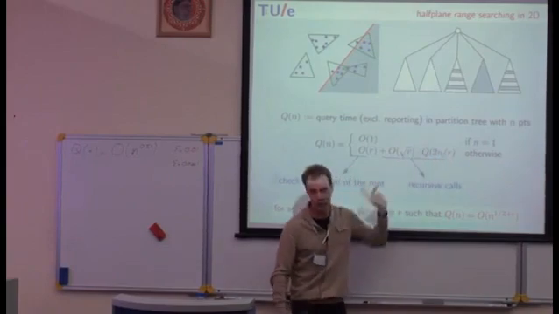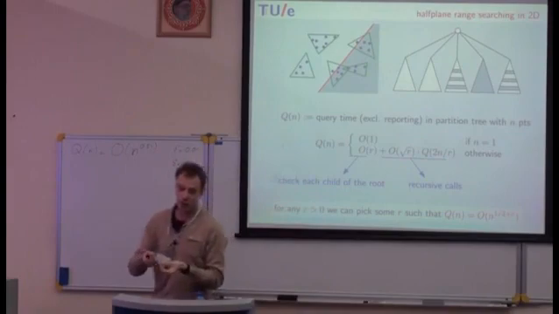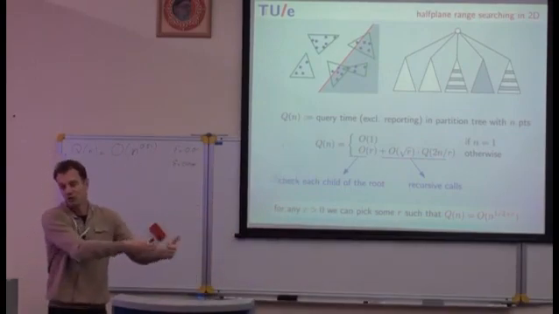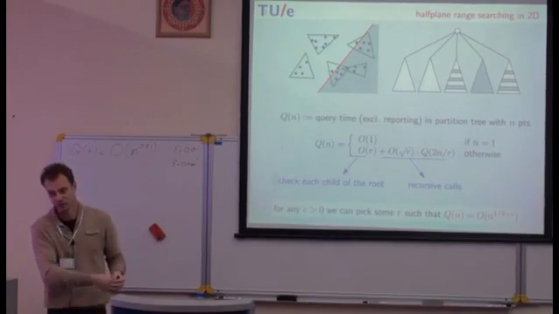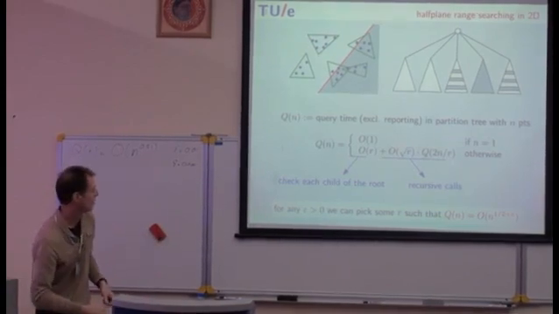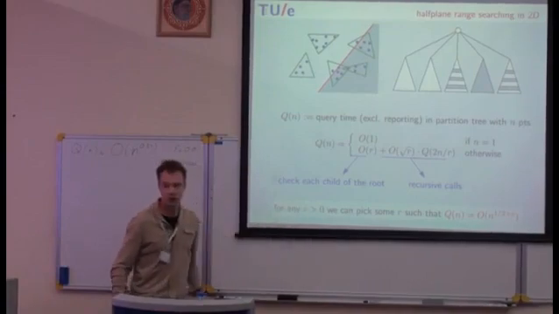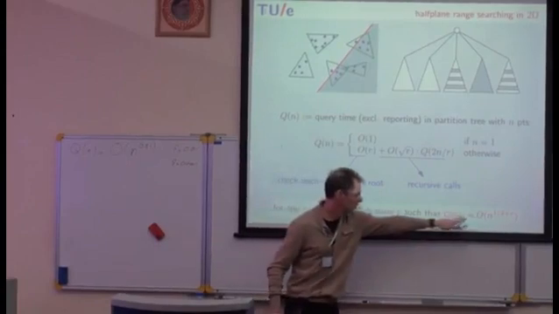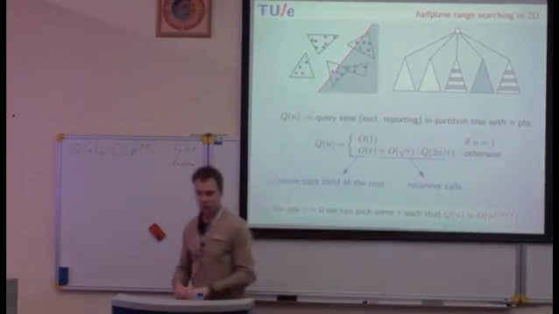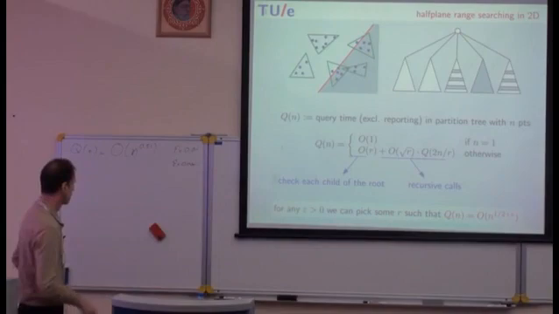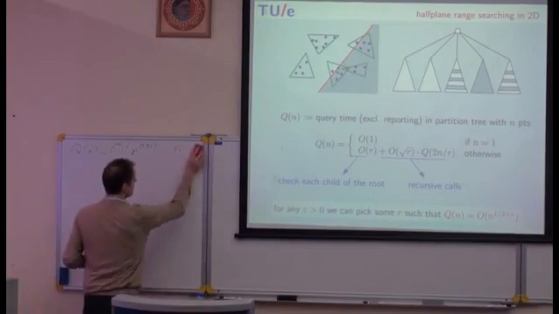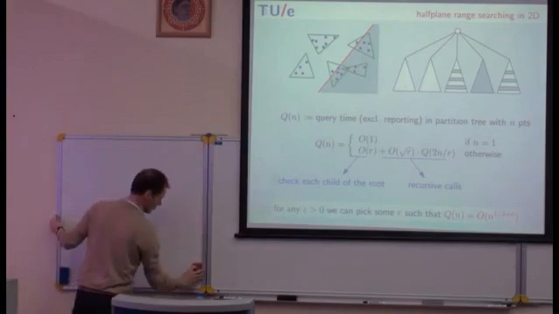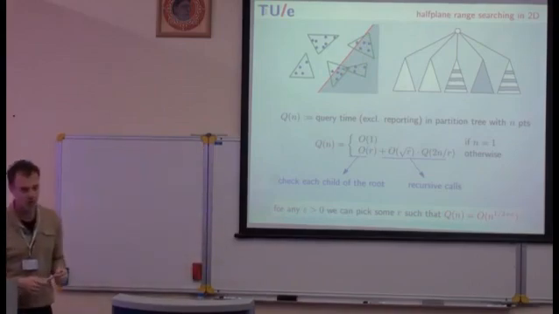But the larger you pick r, the smaller the influence of this constant, and the closer you get to root n. Okay, so if you give me epsilon, then I can pick a value of r such that the recurrence solves to this thing. So let me maybe try to do it on the board.